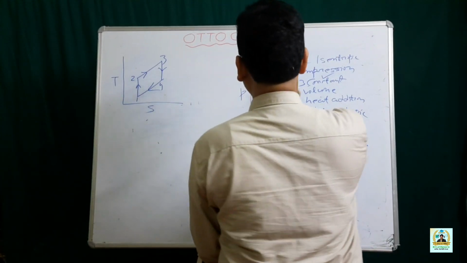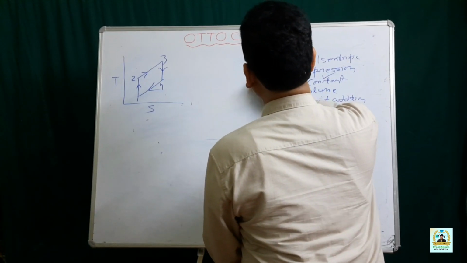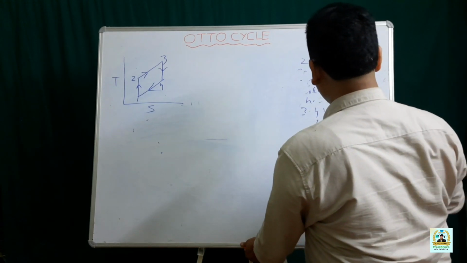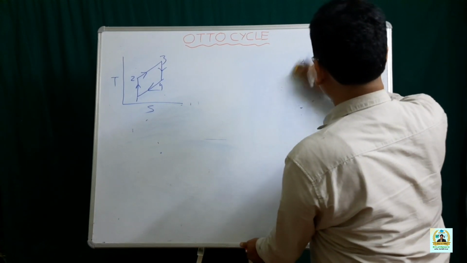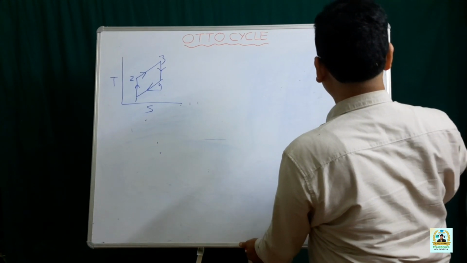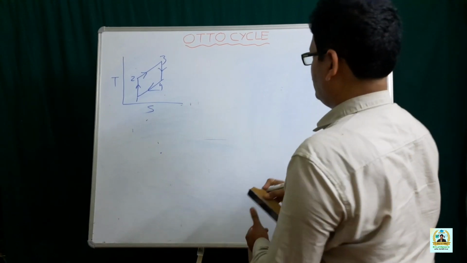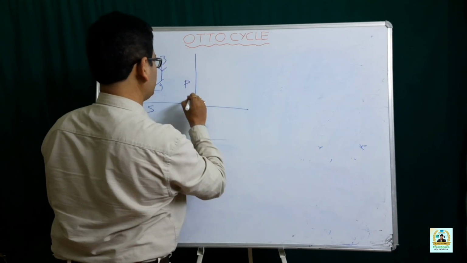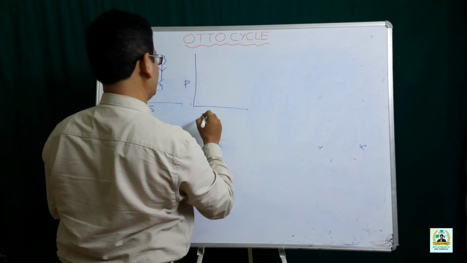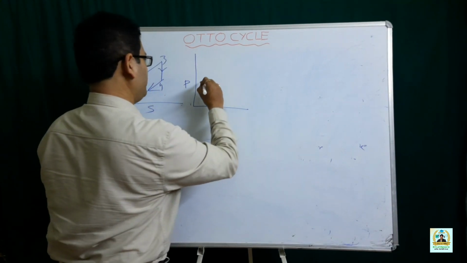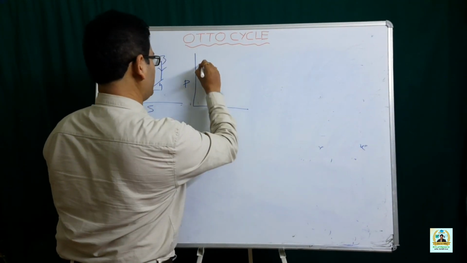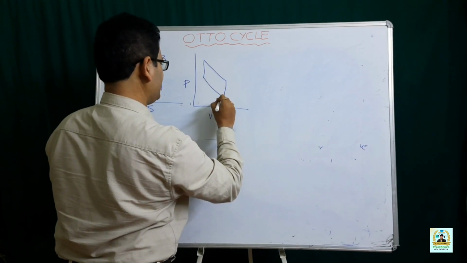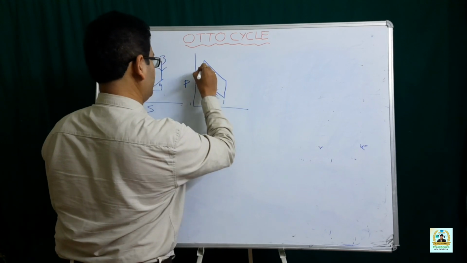Let me redraw the PV diagram so as to provide space to calculate the air standard efficiency. So this is the PV diagram, the earlier diagram that we have drawn. It is isentropic compression followed by constant volume heat addition, followed by isentropic expansion, followed by constant volume heat rejection.